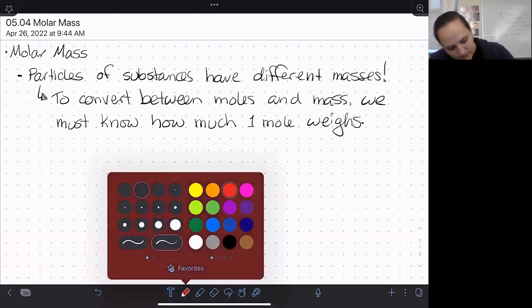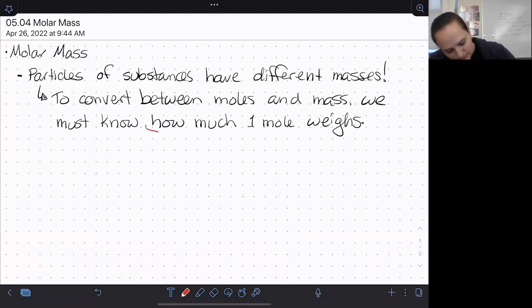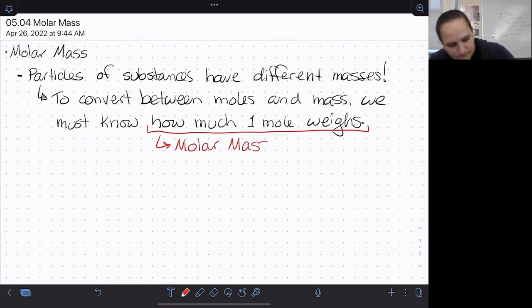So this quantity, how much 1 mole of something weighs, is known as the molar mass, and it generally has units of grams per mole.